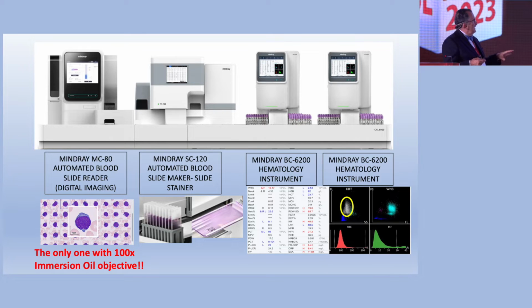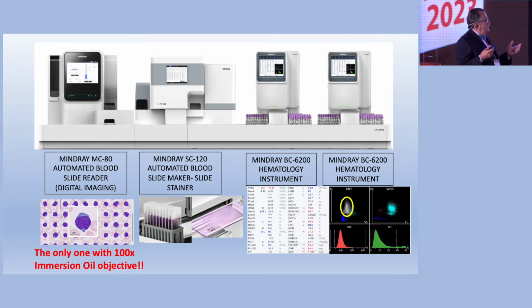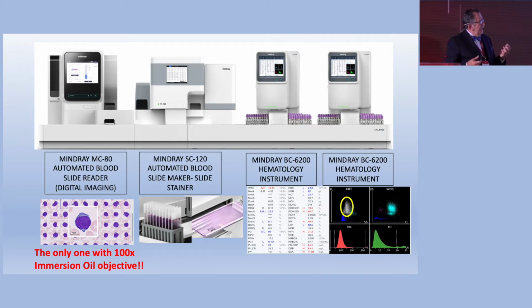Let's go one by one through these instruments. The BC6200 or BC6800 are able to do the SF Cube and give us the best flagging for malignant cells, as we will see in some of the studies that have been done recently.